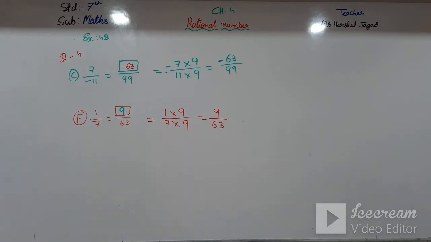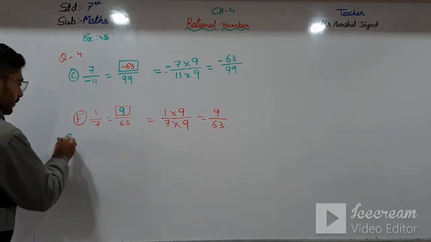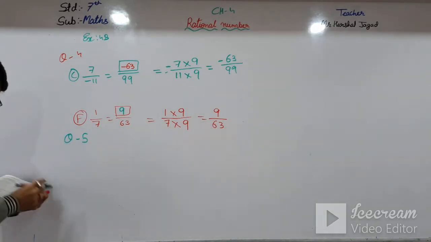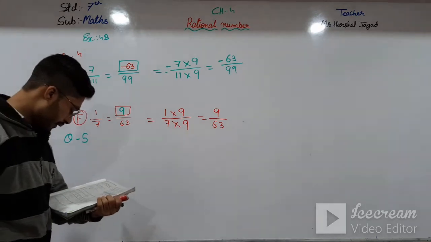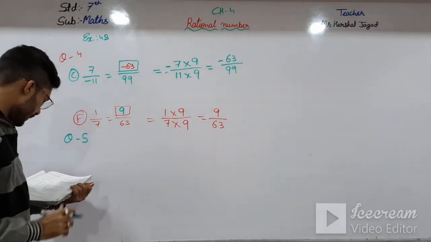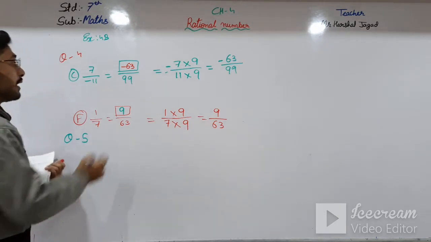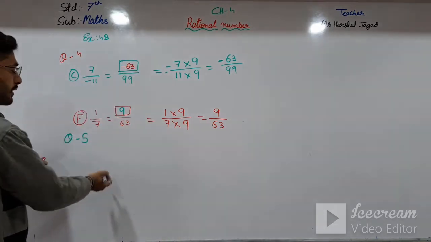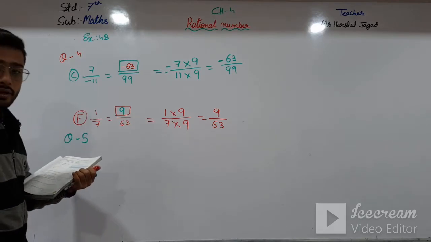Next, question number 5, students, from that also we will do two. Question number 5: fill in the boxes to make an equivalent rational number in each of the following. This we have to do as in the above, but there we had to find the numerator, and in this question number 5 we have to find the denominator.